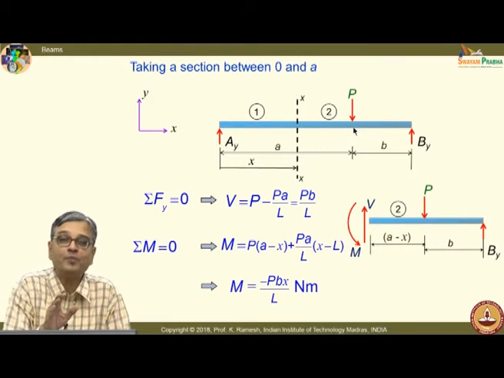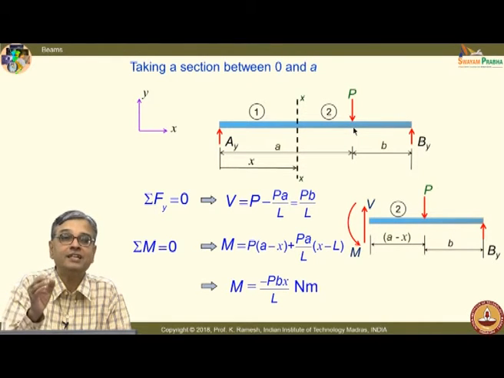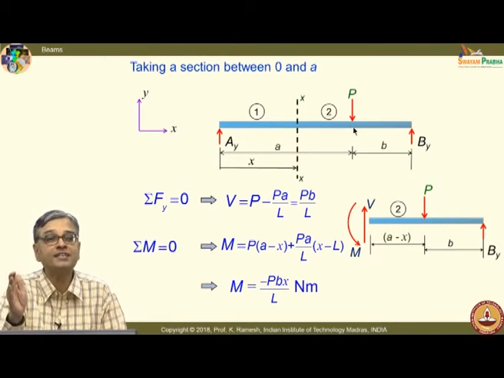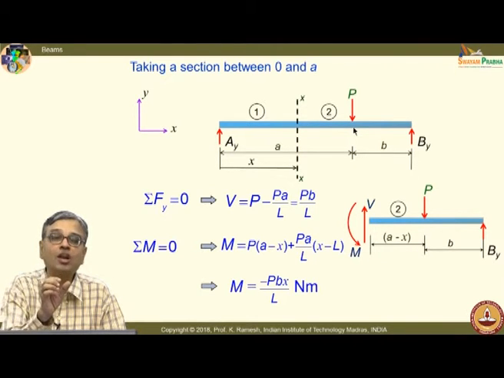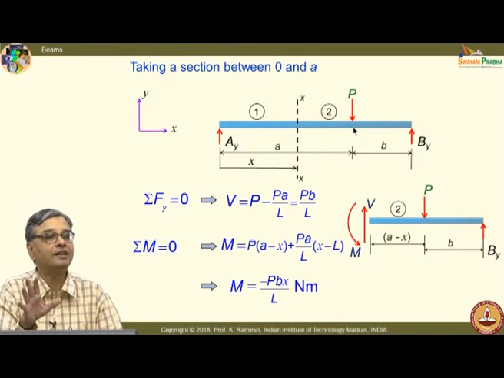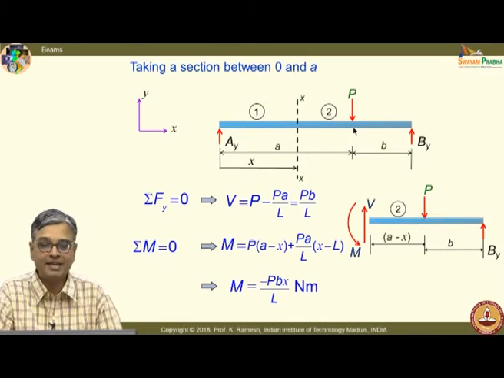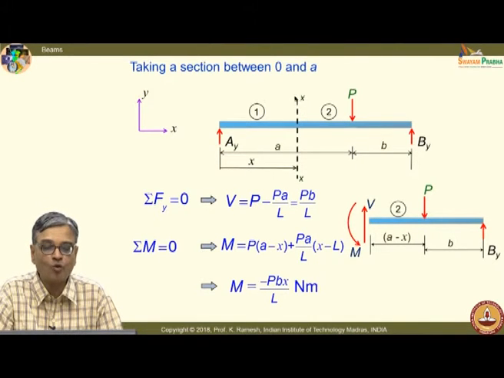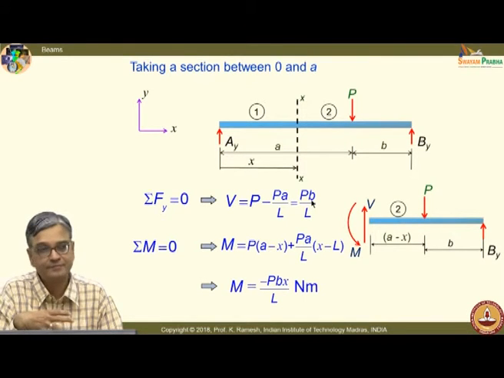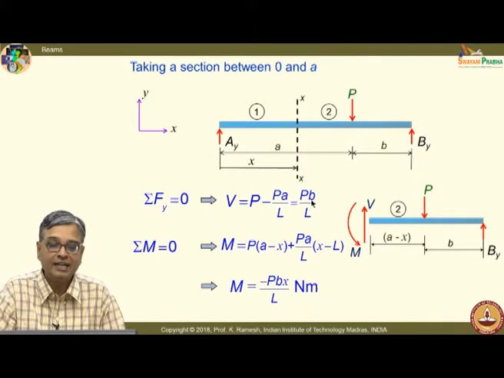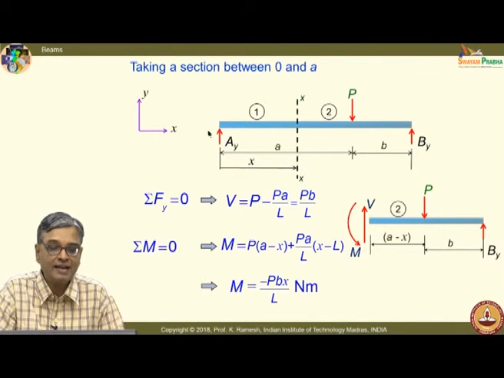We would solve a problem by taking a section, out of the two sections which is simpler to solve, and then determine the unknowns. Ultimately, I want to find out what happens at section XX, that is my interest. If my interest is only that, it is simpler to handle the section 1 and get the answers.